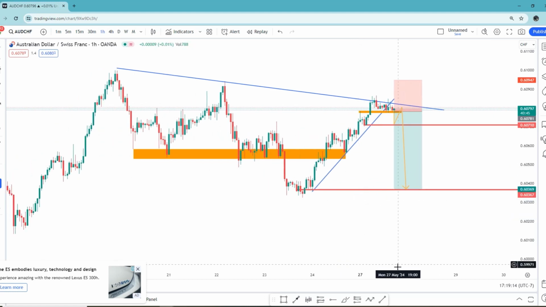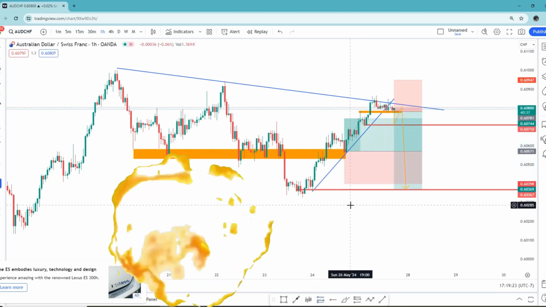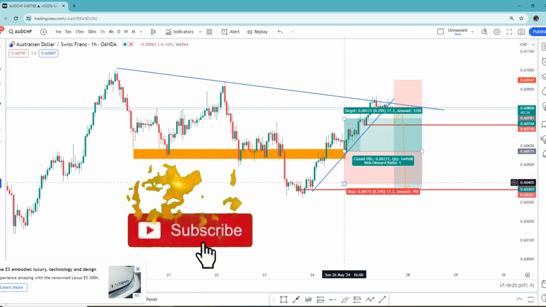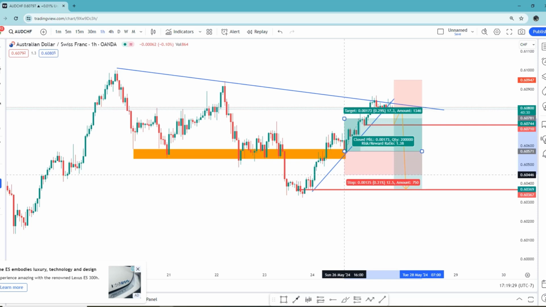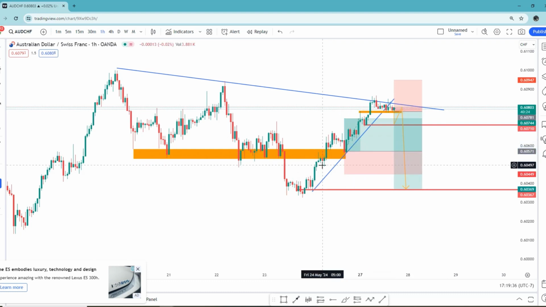So if you entered around here, you know that your stop loss is going to be around this point. The market went up and came back to this area.